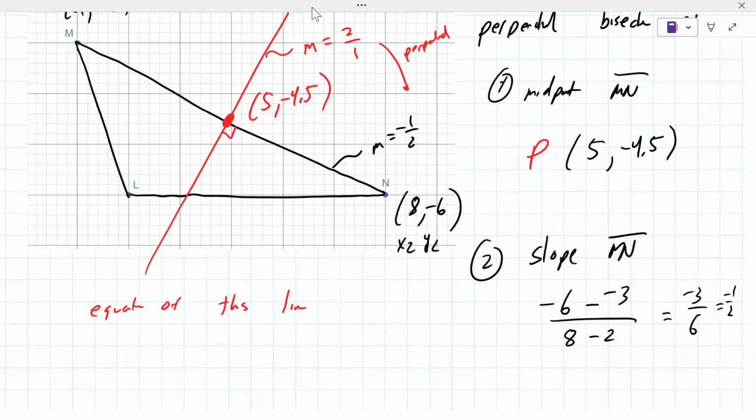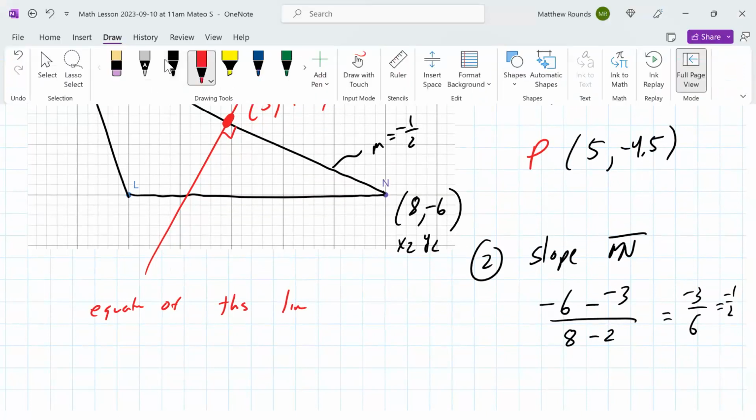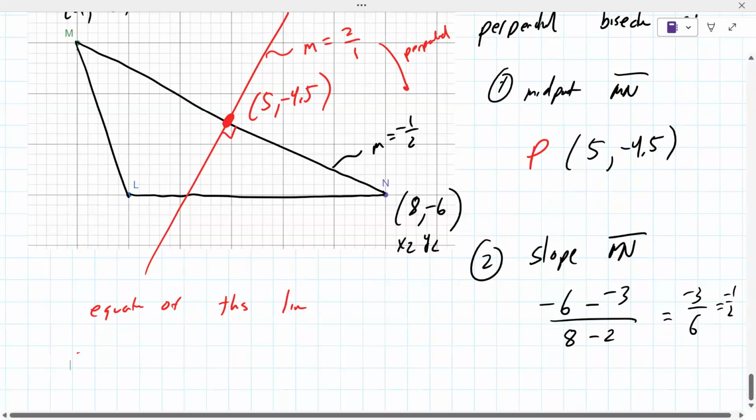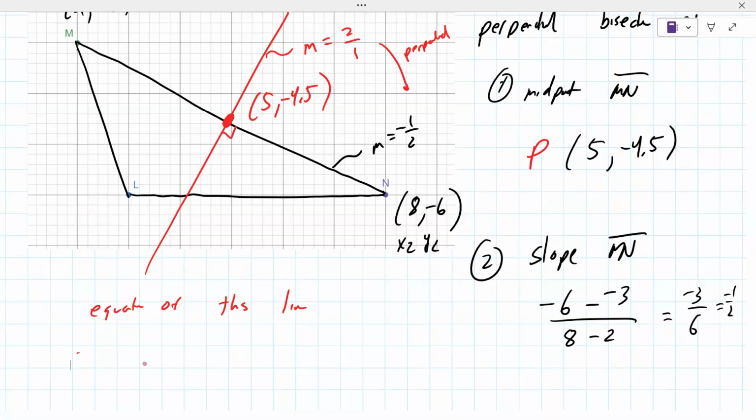So go ahead and write that equation for me, please. Y minus 4.5 equals 2/1 X minus 5.